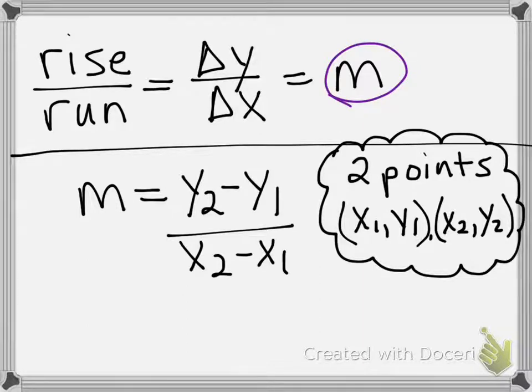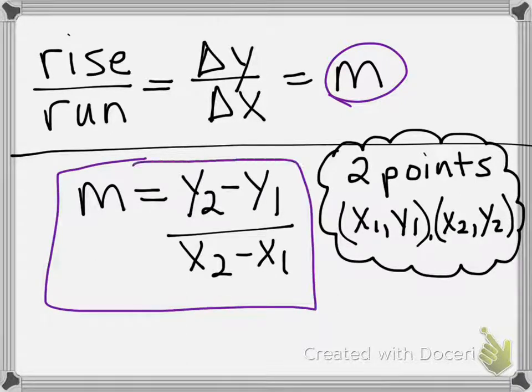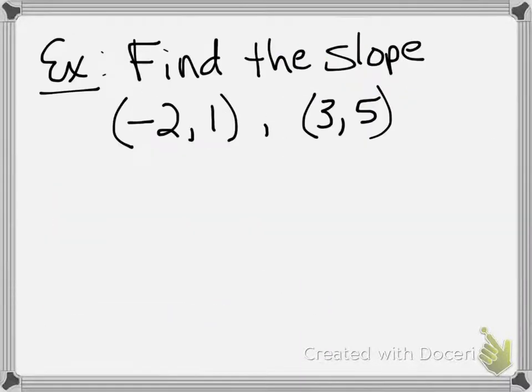The most common formula, though, is m equals y2 minus y1 divided by x2 minus x1. And so this is the slope formula, and notice that we're using 2 points. We have one point that's x1, y1, and we have one point that's x2, y2. So if you know the 2 points, then you just plug it into the slope formula, and then you've got your slope. So let's try an example of this.